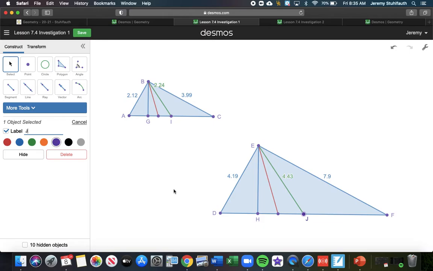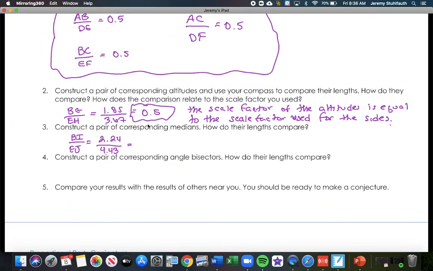And the ratio between those two is 2.24 to 4.43. And if we type that into our calculator, 2.24 divided by 4.43, we see that we get, again, approximately 0.5. Again, there's some rounding in there. And so how do their lengths compare? They are different by a scale factor of 0.5.